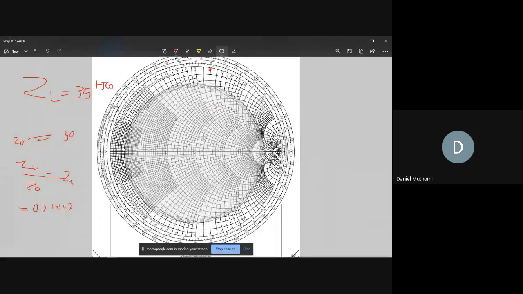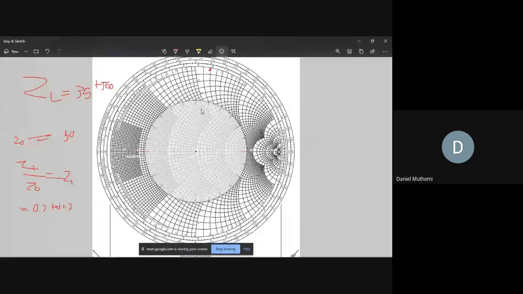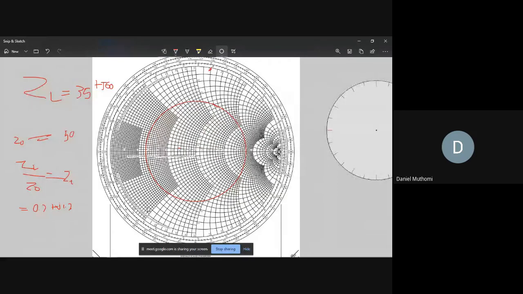This is my pair of compasses. Put your point at the middle, 1.0, and extend the radius up to that intersection point. Now you draw your circle. So this is your constant VSWR circle.